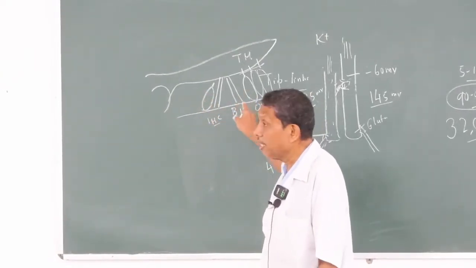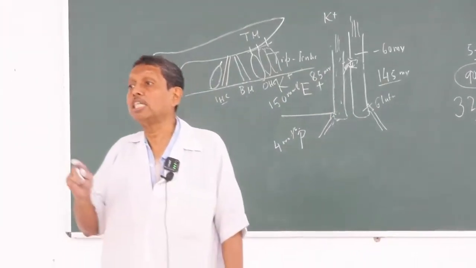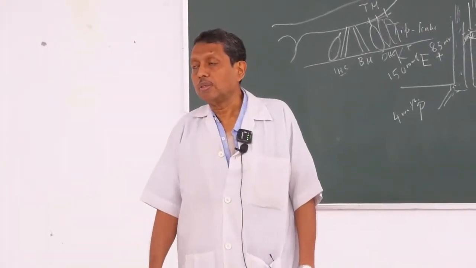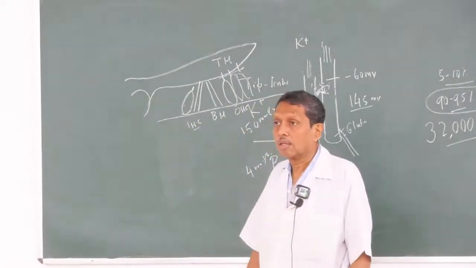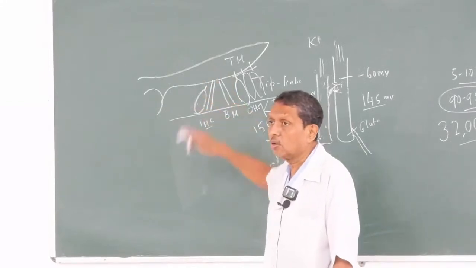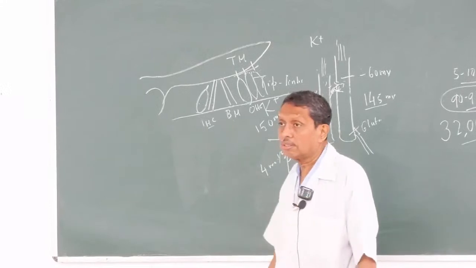So whenever there is movement, there is some shearing motion that is responsible for bending of the hair, and there is a change in the membrane potential. Depolarization when it goes down, and hyperpolarization when it goes up.